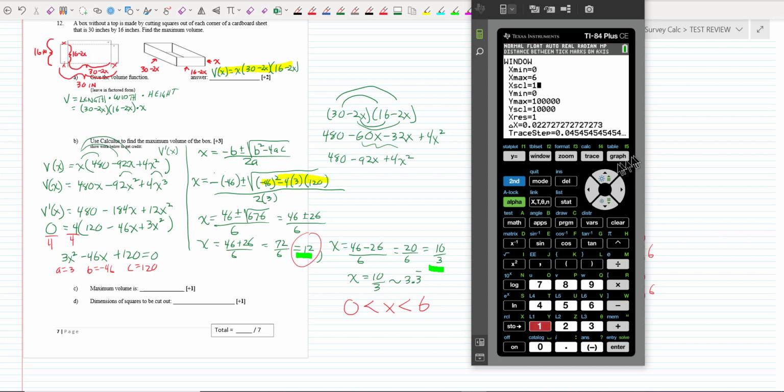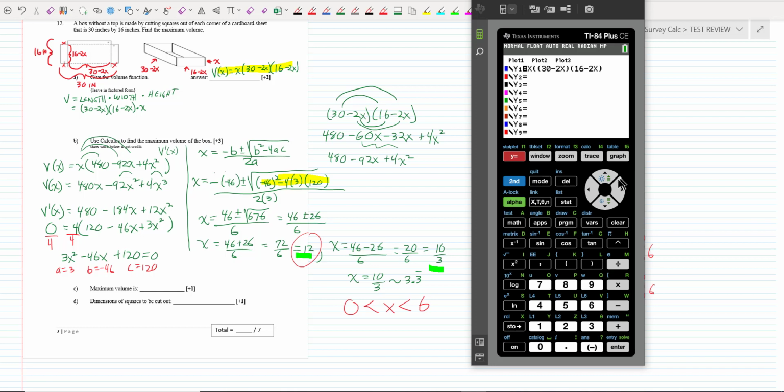For your y's, just look at your table of values. So I'm going to go second graph, look at my table of values between 0 and 6. And notice what happens on this volume right here, these would be kind of the range of numbers. I need to check one thing and make sure I put this in right.